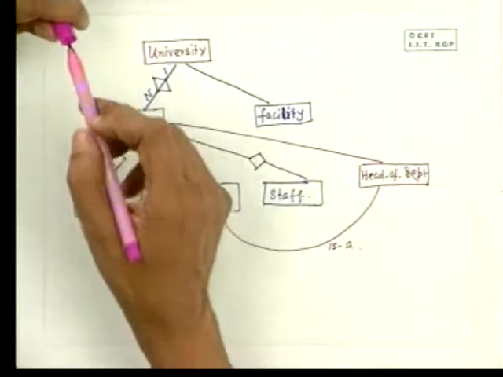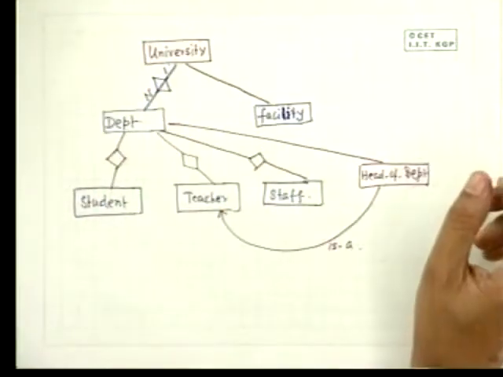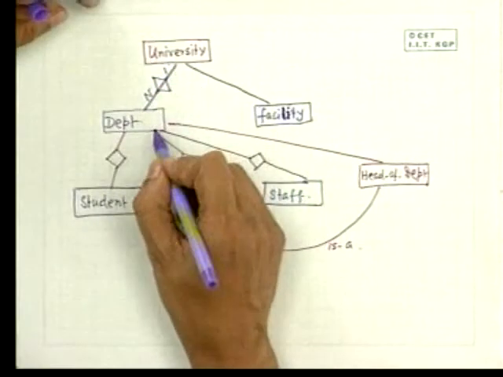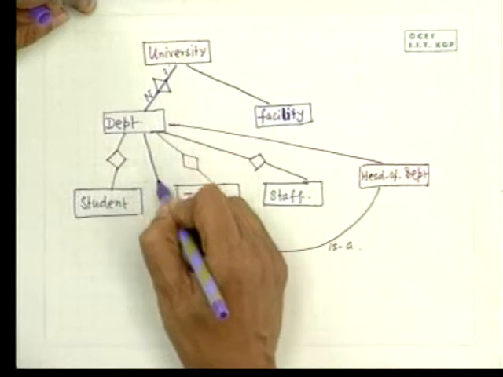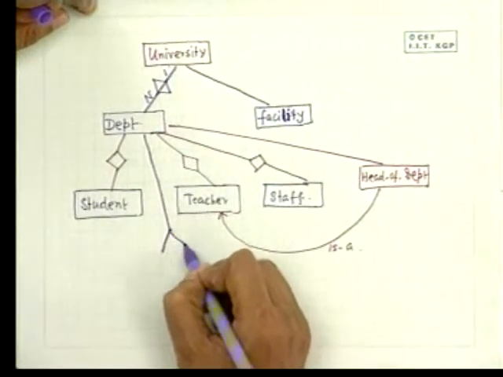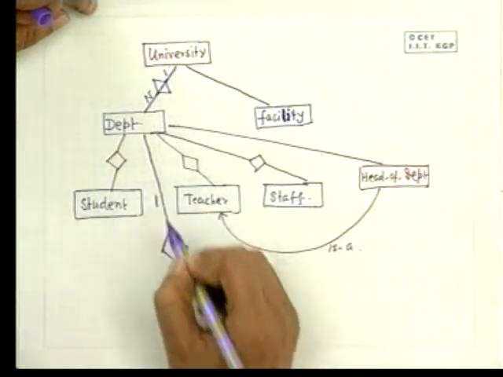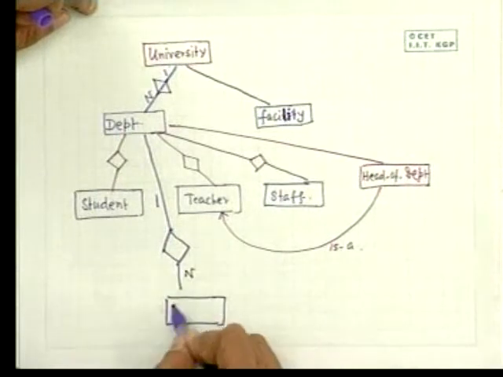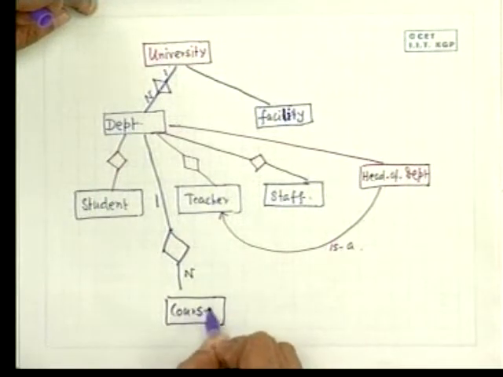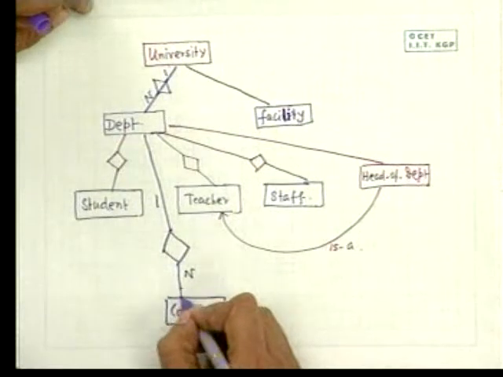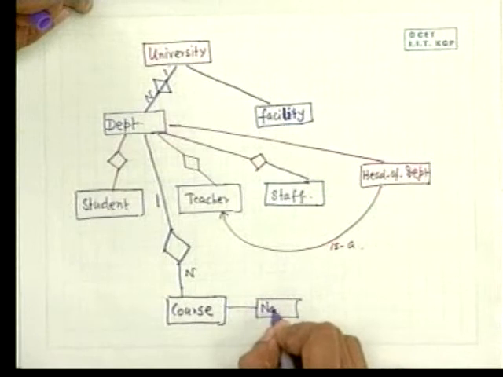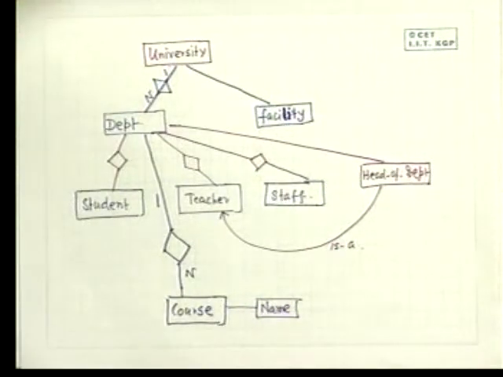Again, we can think that each department is offering several courses, so in a department several courses are being offered. So course is an entity, and each course has a unique name associated with it, and the course may have a course ID and so on.